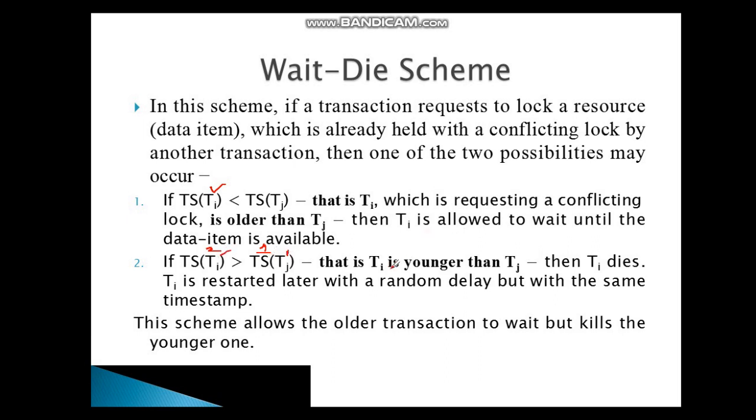That is, Ti is younger than Tj, then Ti dies. Ti is restarted later with a random delay but with the same timestamp. So in this case, the system makes Ti die, and Ti is going to restart later with a random delay but with the same timestamp. What was the timestamp? 2.